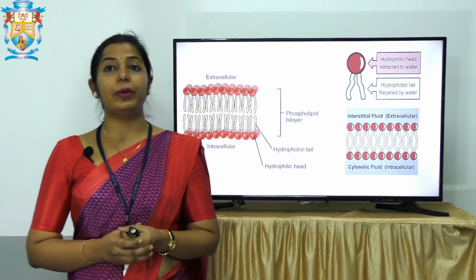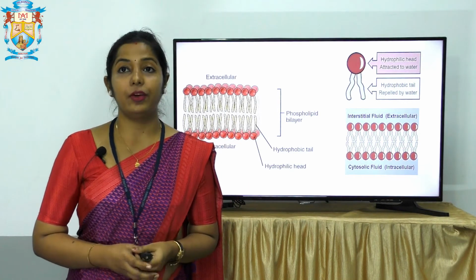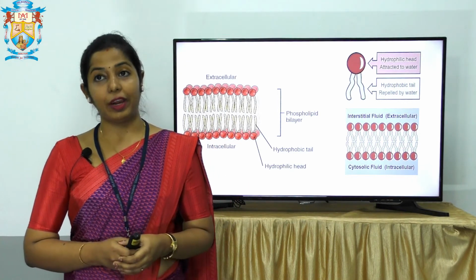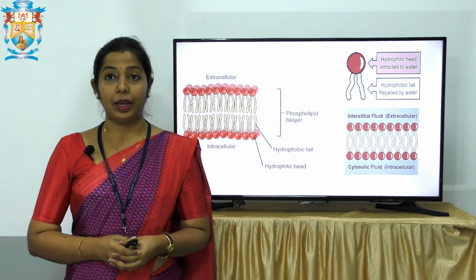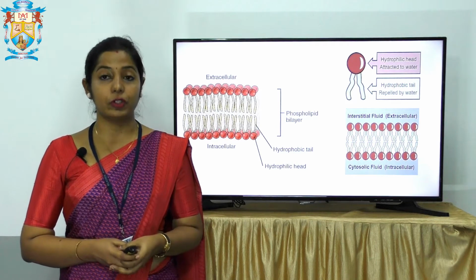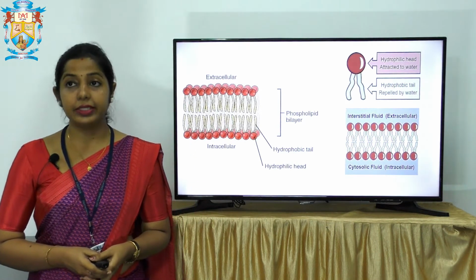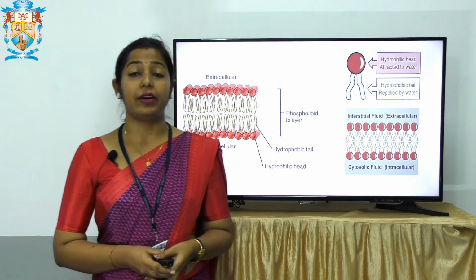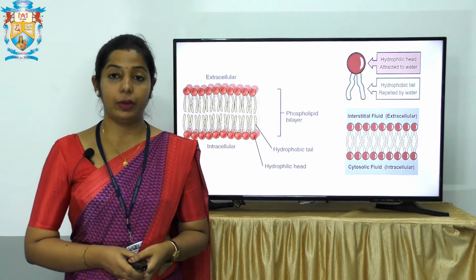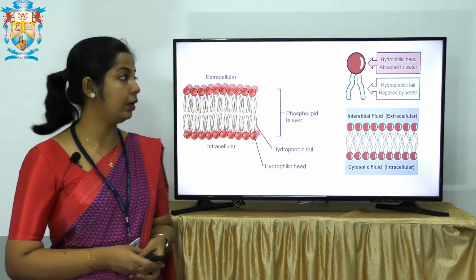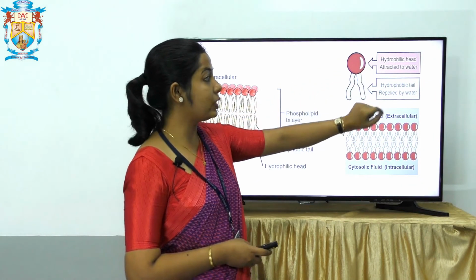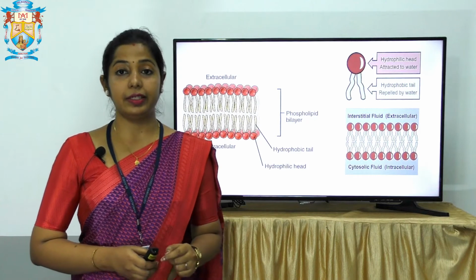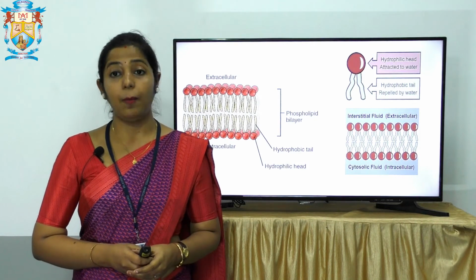A phospholipid is a lipid made up of glycerol, two fatty acid tails and a phosphate-linked head group, and the membrane involves two layers of phospholipid with their tails pointing inwards. This arrangement is called a phospholipid bilayer. As they have two regions, hydrophilic as well as hydrophobic, they are considered amphipathic molecules.